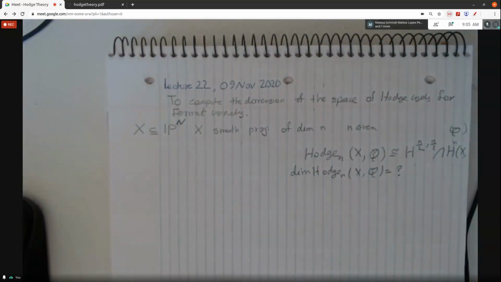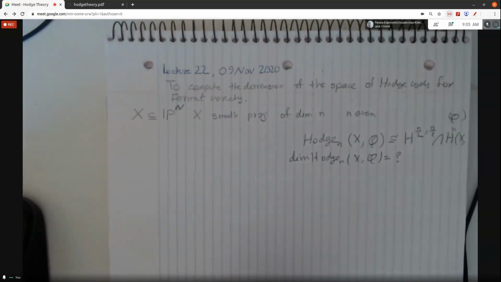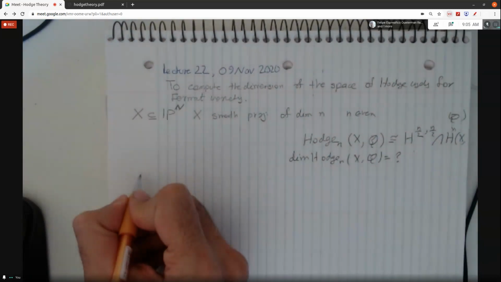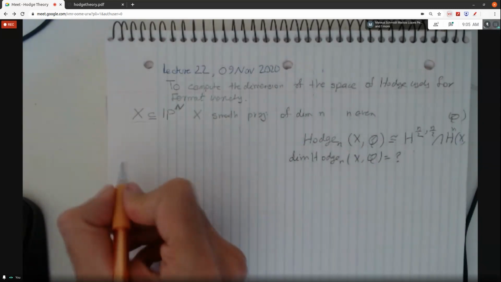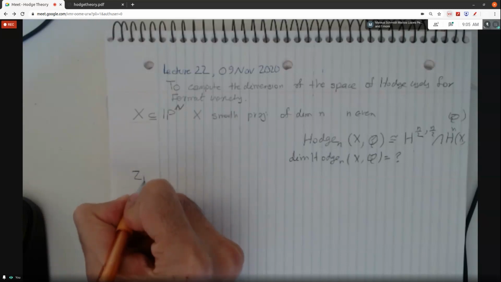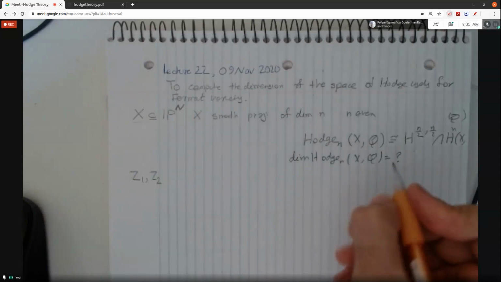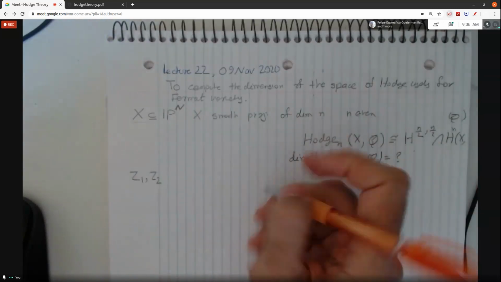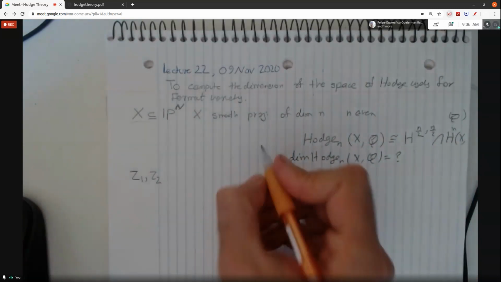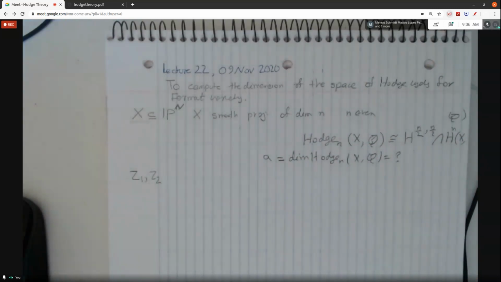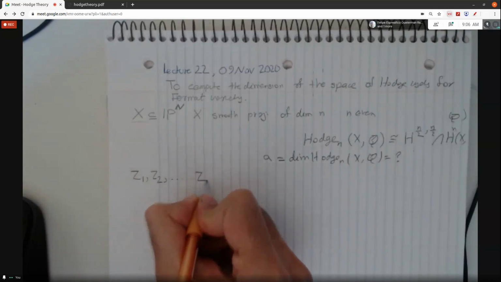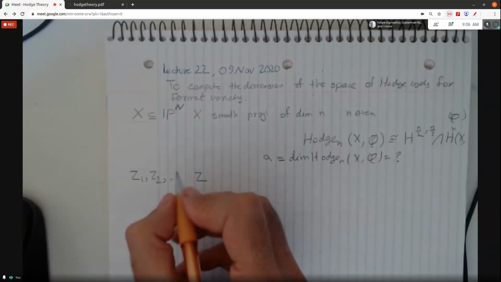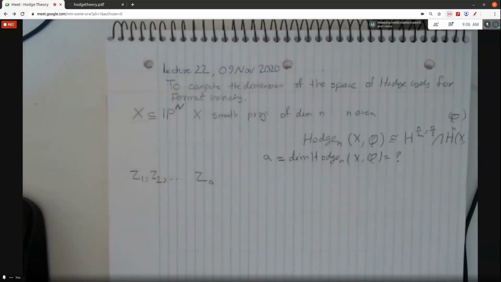The reason is this. The main interest is to verify the Hodge conjecture for X. So just imagine that I compute this number. Let's call it A. And then I find algebraic cycles Z1 to ZA.